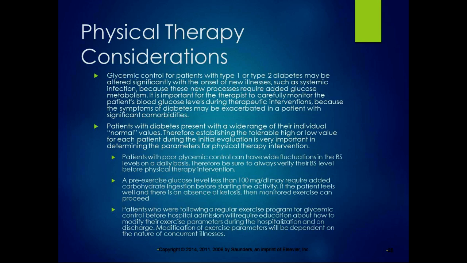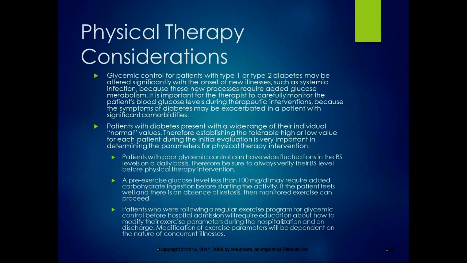So each person kind of has to establish their tolerable high or low value. And it's important for the PT to sort of figure that out in the initial evaluation to determine the parameters of what we can do in physical therapy. So people with poor glycemic control can have wide fluctuations in blood sugar levels on a daily basis.